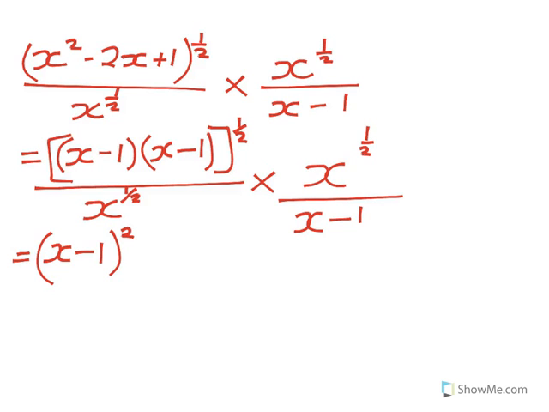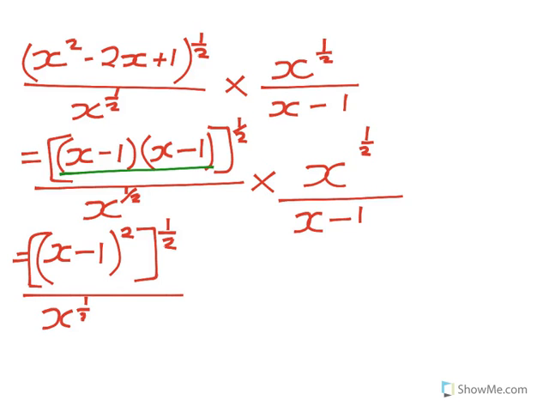First you must see that this is a square, which becomes x minus 1 squared, but remember it is multiplied by a half, then all over x to the power half times x to the power half over x minus 1. Now what you'll discover is this is over 1, that cancels, so that you are left with x minus 1.